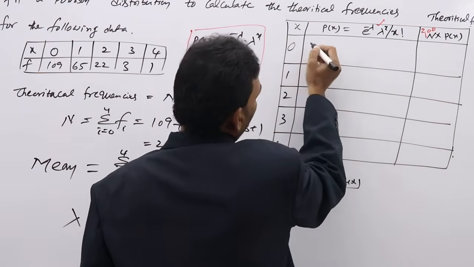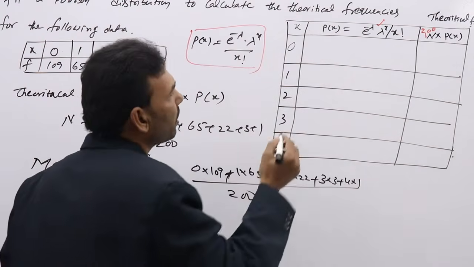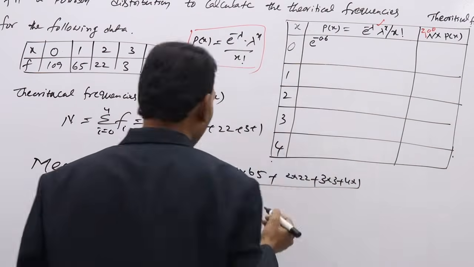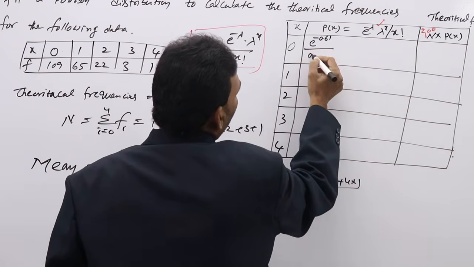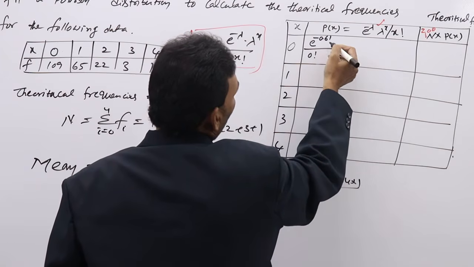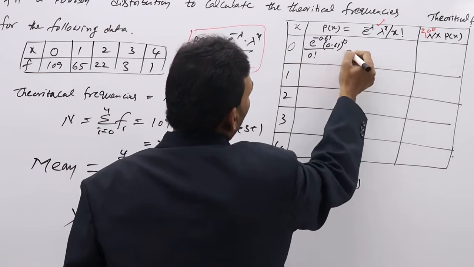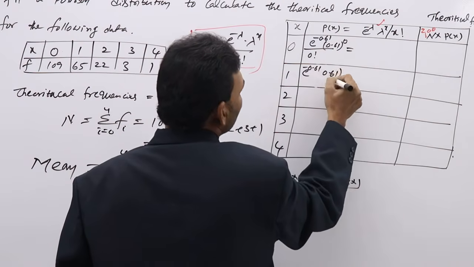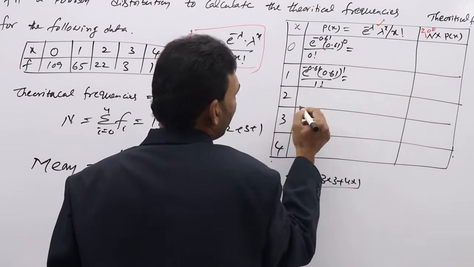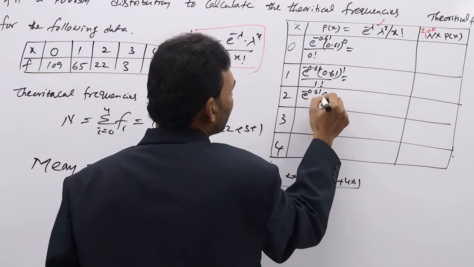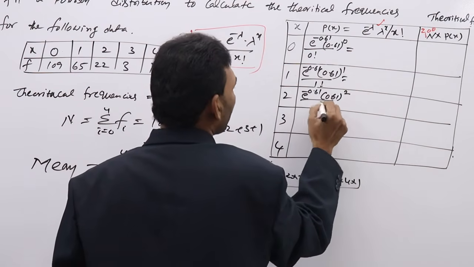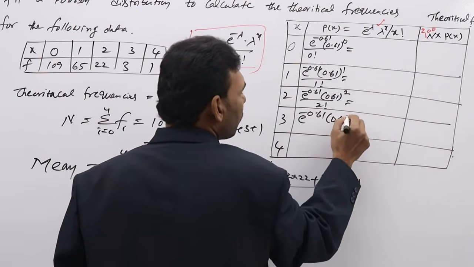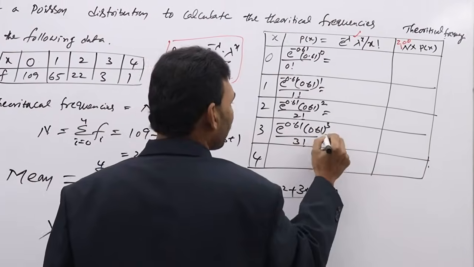X equal to 0 means P of 0. P of 0 is e power minus lambda, that is 0.61, into 0.61 whole power 0 by 0 factorial. Like that, here e power minus 0.61, 0.61 whole power 1 by 1 factorial value. e power minus 0.61, 0.61 whole square by 2 factorial value. e power minus 0.61, 0.61 whole cube by 3 factorial value.